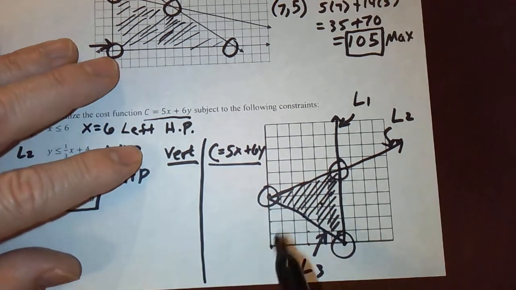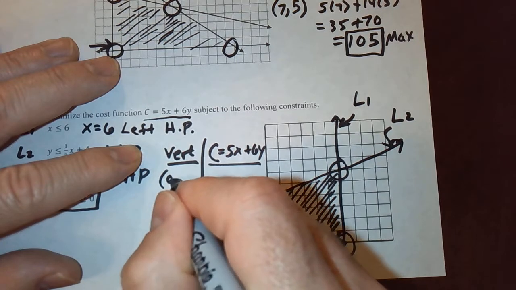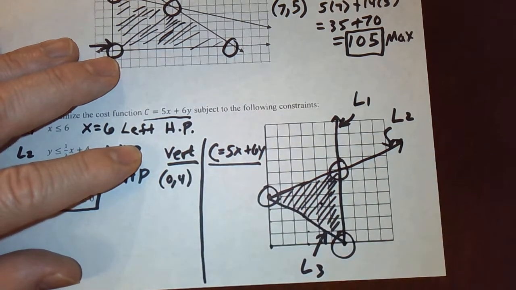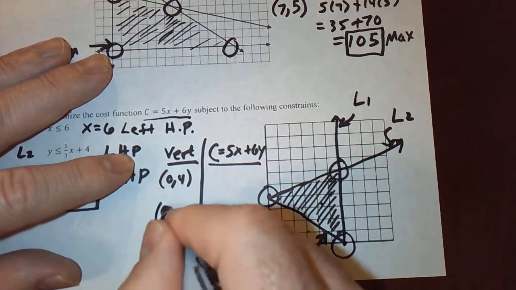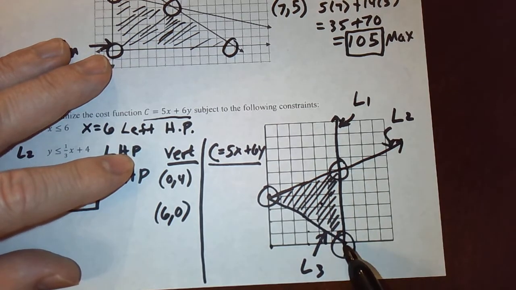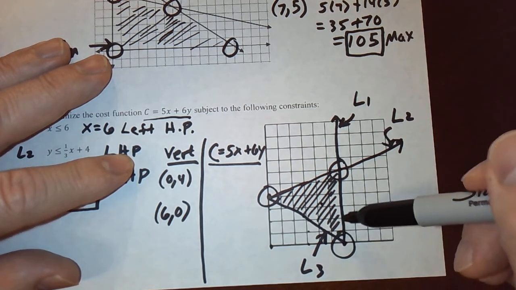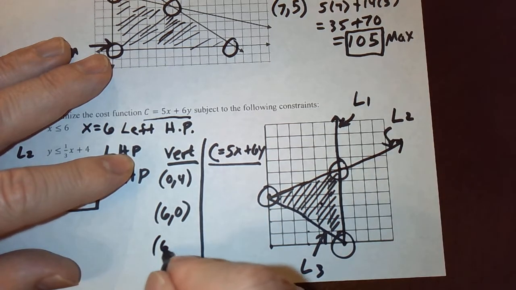All right, this vertex is 0, 1, 2, 3, 4. This vertex is 1, 2, 3, 4, 5, 6, 0. And the third vertex would be 6, 1, 2, 3, 4, 5, 6.